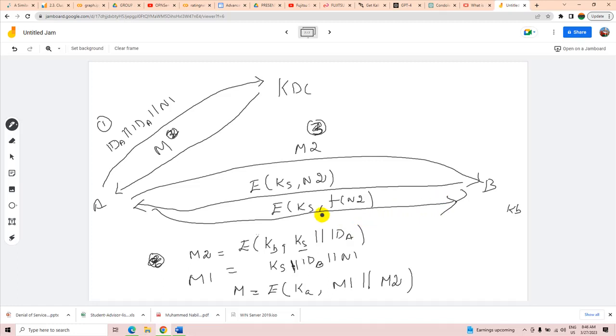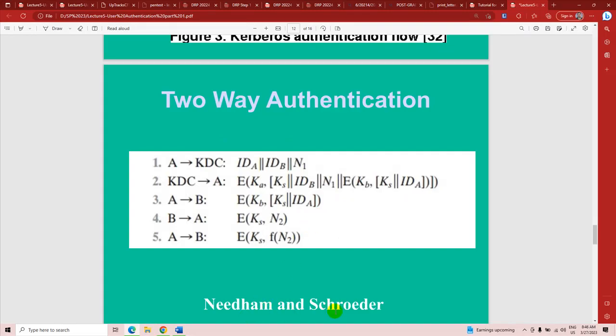So this is how the Needham-Schroeder algorithm functions. Here the session key is shared between A and B, but however you can see there is no timestamp. Even though a nonce value is used, there is no timestamp.